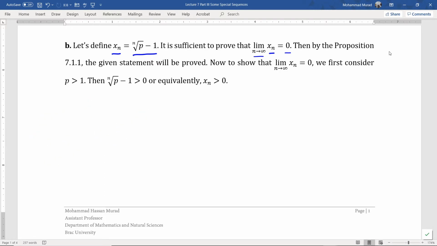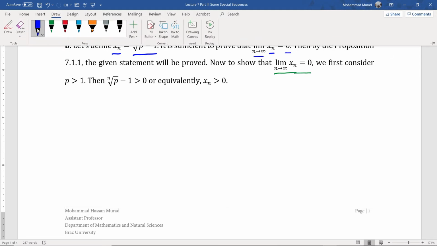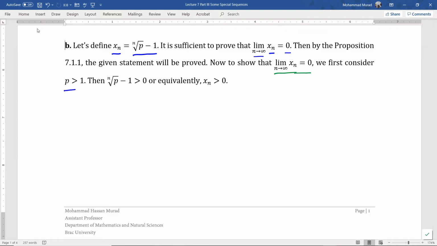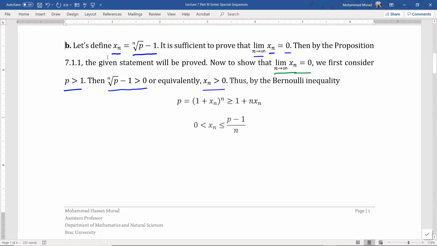Now, to show that the limit of x sub n as n approaches infinity equals 0, we first consider that the real number p is greater than 1. In the hypothesis, it was given as a positive real number. So in the first case, we are considering p greater than 1.